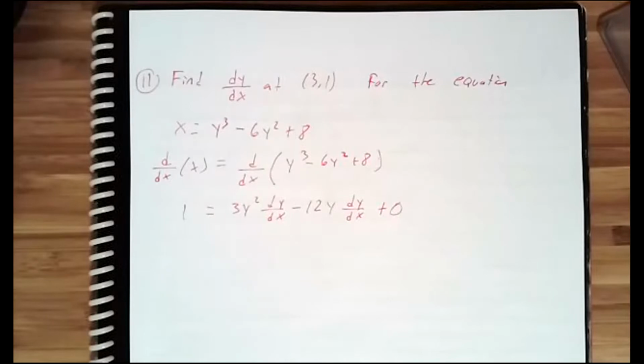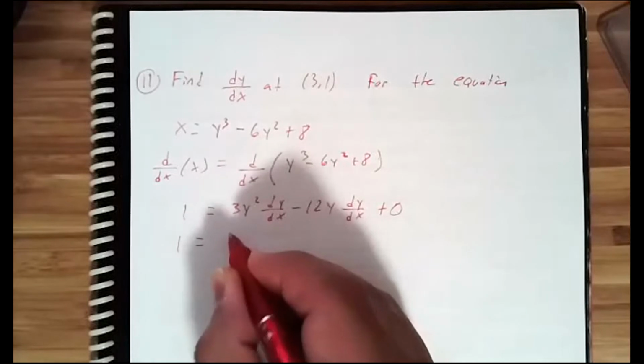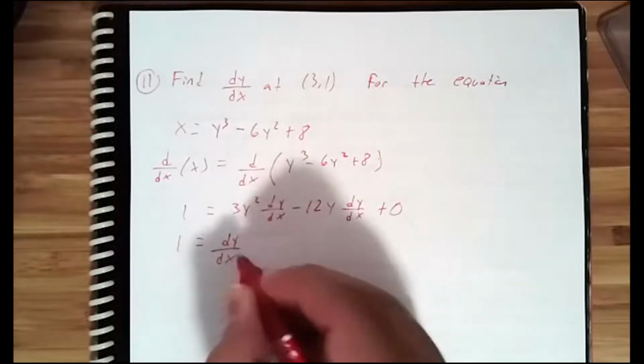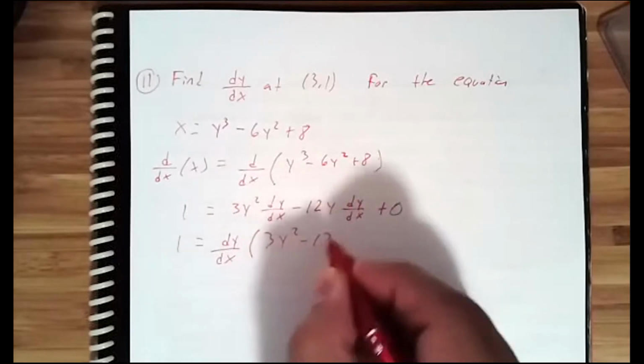Now it tells us to solve for dy dx at 3, 1. So let's first factor dy dx. So now I have 3y squared minus 12y.